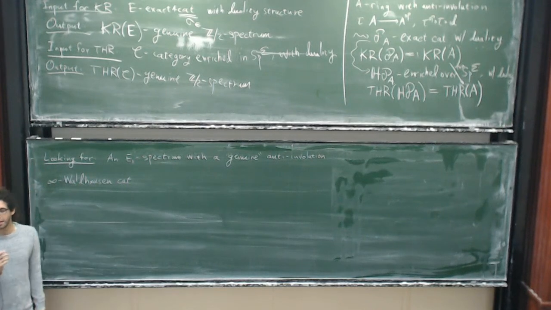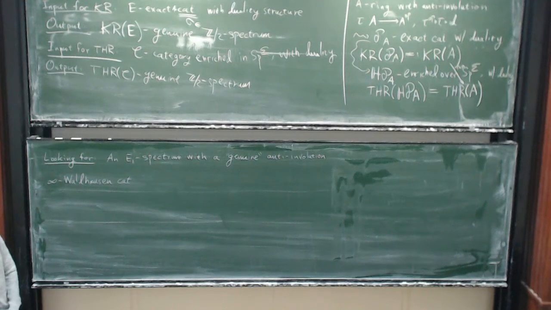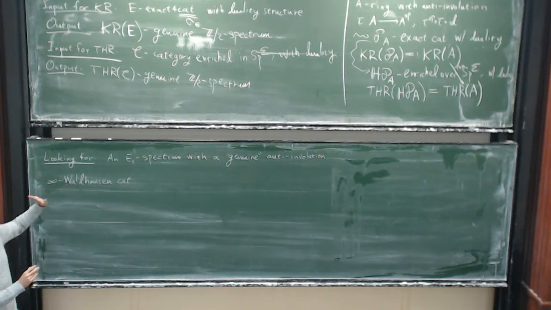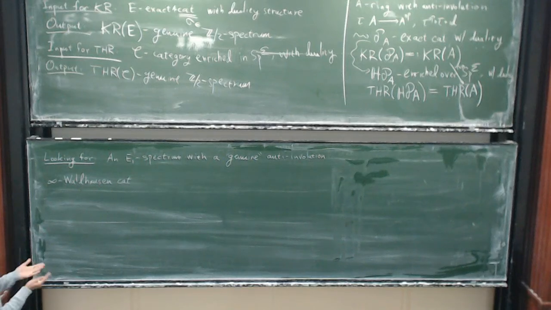Oh, the other thing? Oh, I'm short on time. Okay. I will say this quickly. So algebraic K-theory, already in the 70s, Waldhausen put it in the context of Waldhausen categories, which are some sort of categories with weak equivalences and cofibrations.